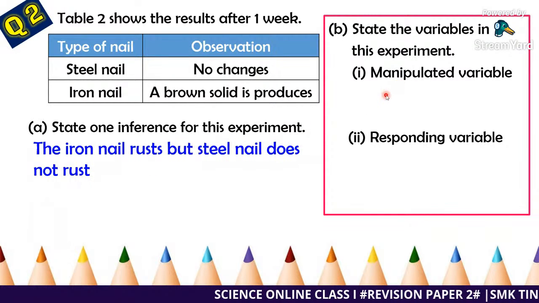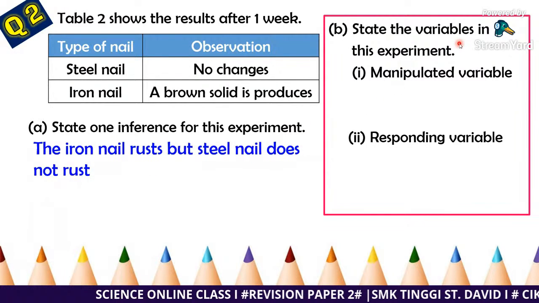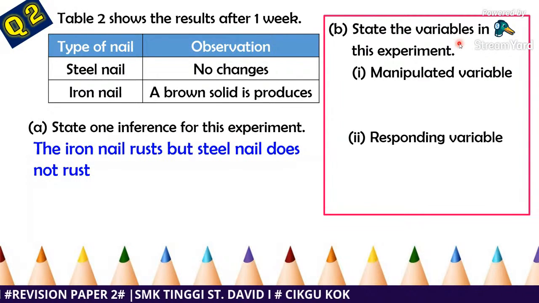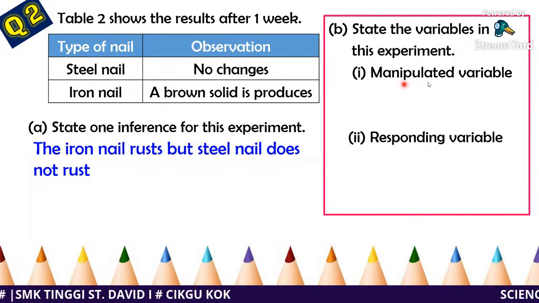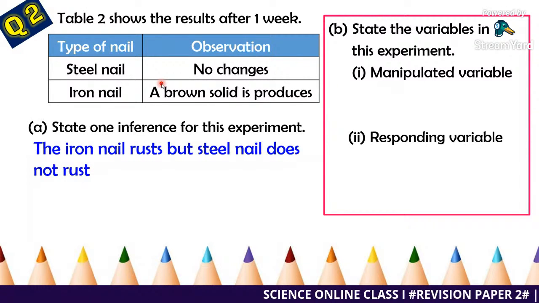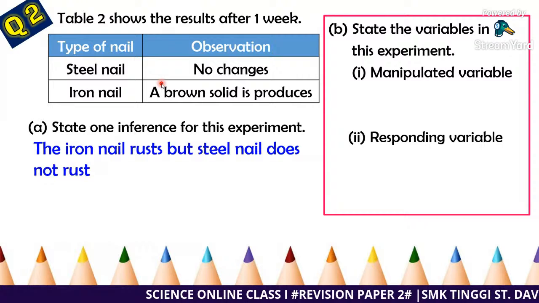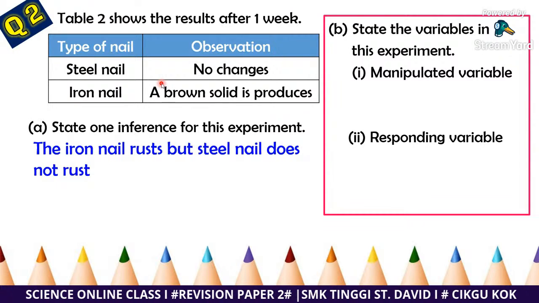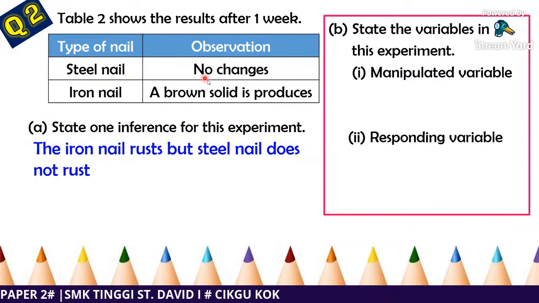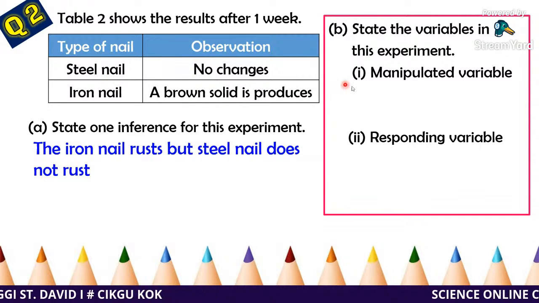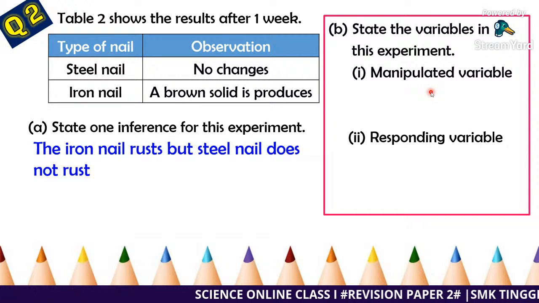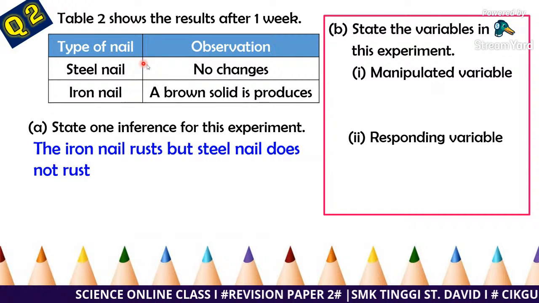Okay, so from here, B, state the manipulated variable. Anybody can answer B. Manipulated variable. I want the manipulated variable. Refer to the table also. Which one should be the manipulated variable? Just answer me. From the table.